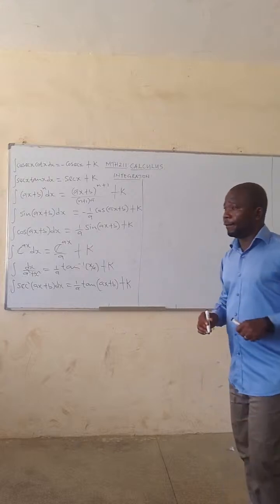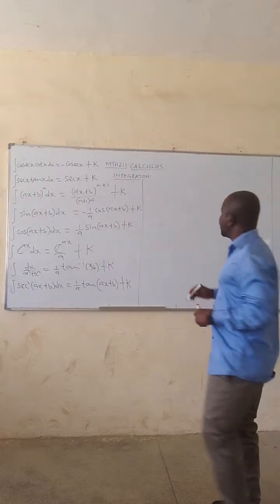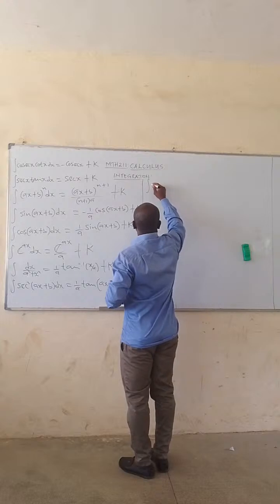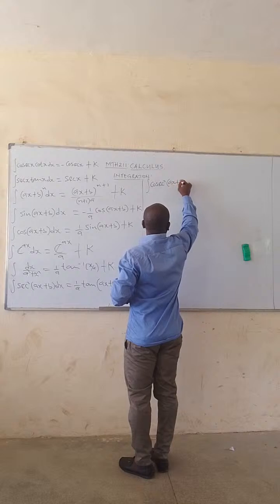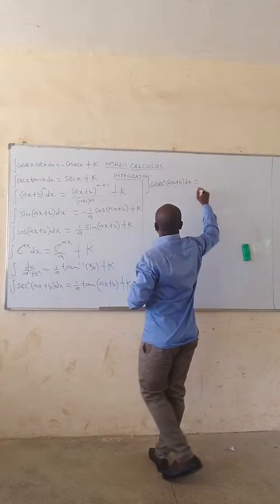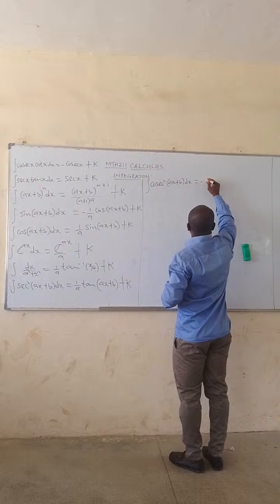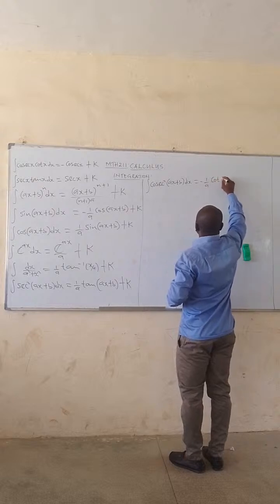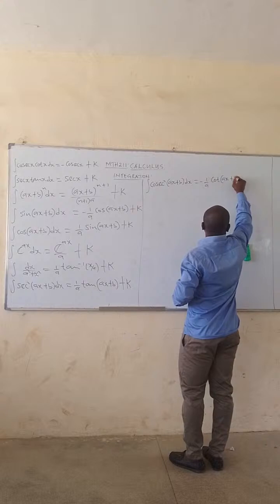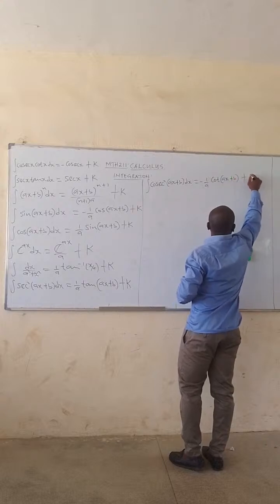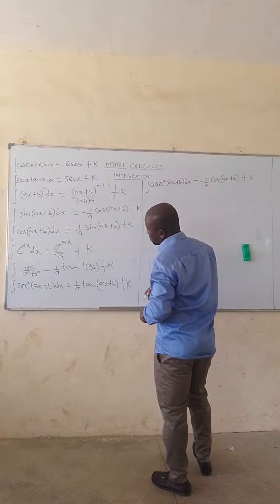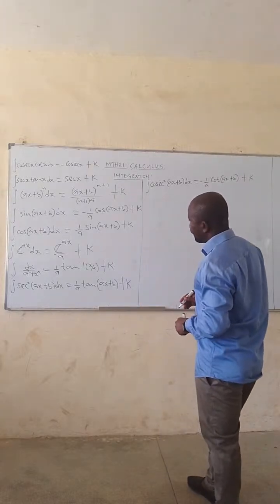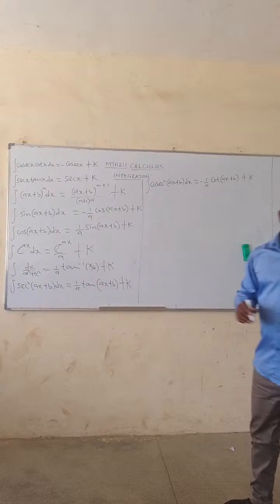Then the integral of cosec square (ax plus b) dx is equal to minus 1 all over a cot(ax plus b) plus c. Take note of this.